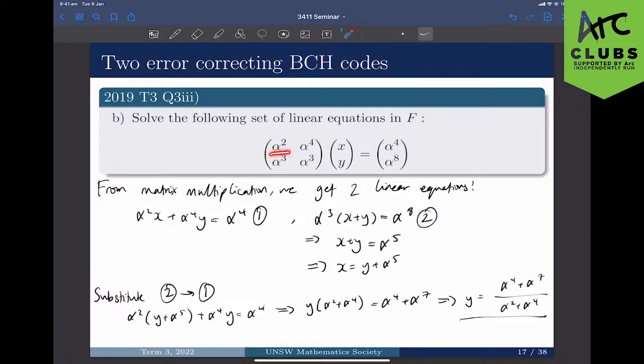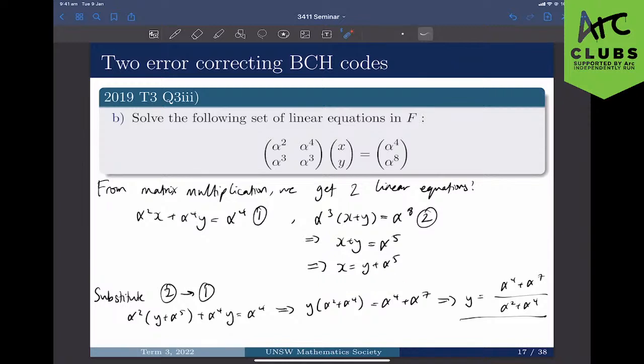So alpha squared times x plus alpha to the power 4 times y, and that's going to equal the upper entry, alpha to the power 4. And similarly, we get this second equation. And then since there's alpha cubed on both sides, we can divide alpha cubed away.